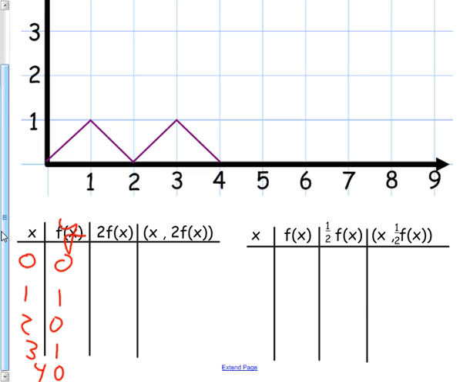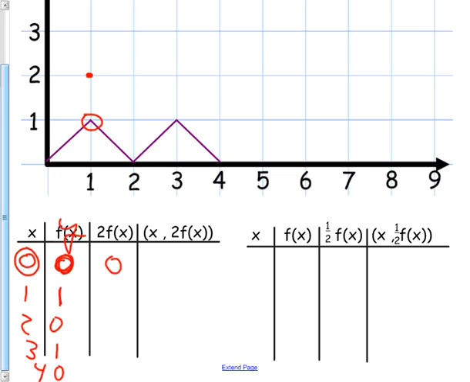So my new point still has the same x, but the y has changed. In this case, if I double 0, isn't it still 0? Yep. This point right here, 1, 1, if I move it up to twice as tall, do you get how that should be there?